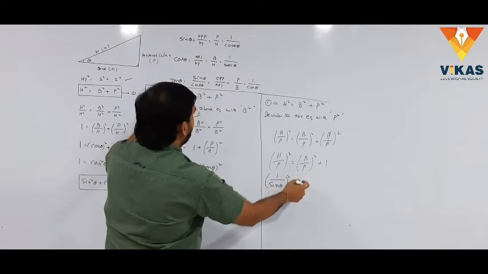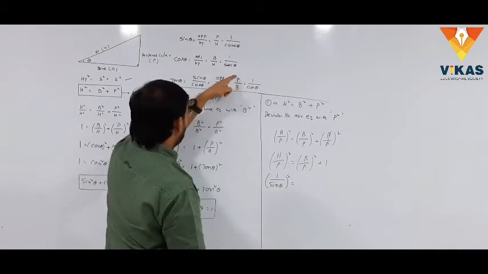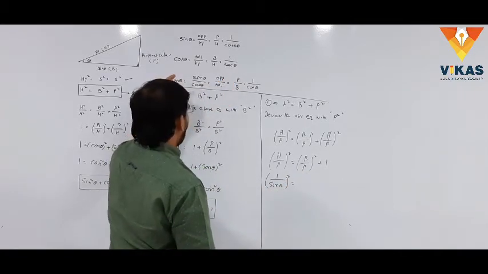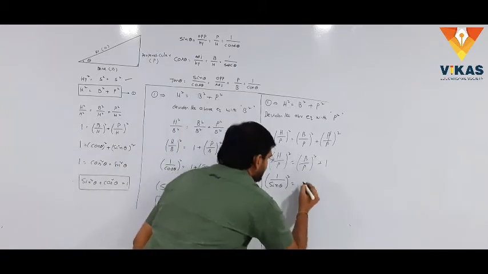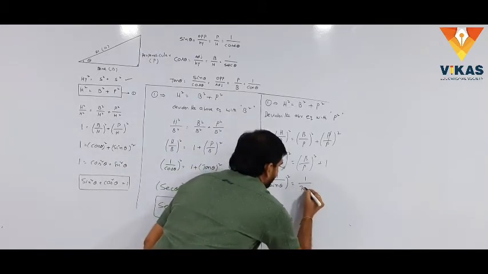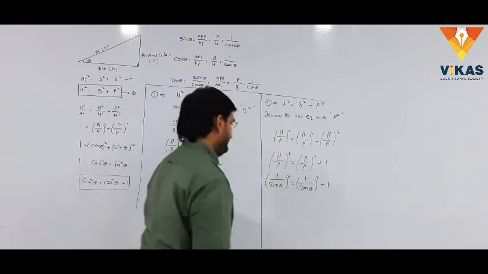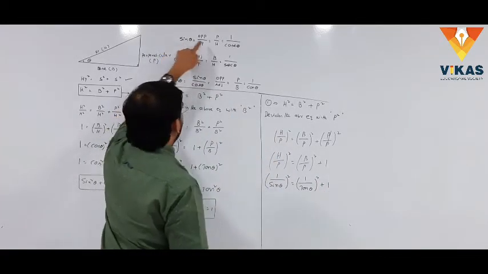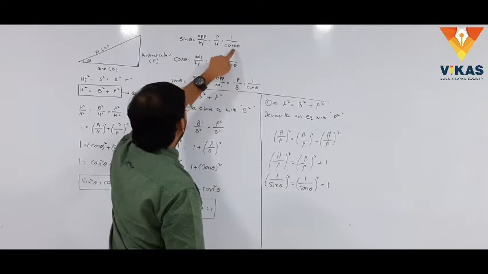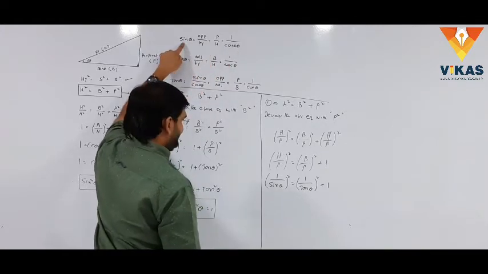Here b by p, it is the reciprocal, the reciprocal of tan theta. This is reciprocal of tan theta whole square plus 1. Sin theta equal to 1 by cosecant theta, cosecant theta equal to 1 by sin theta.